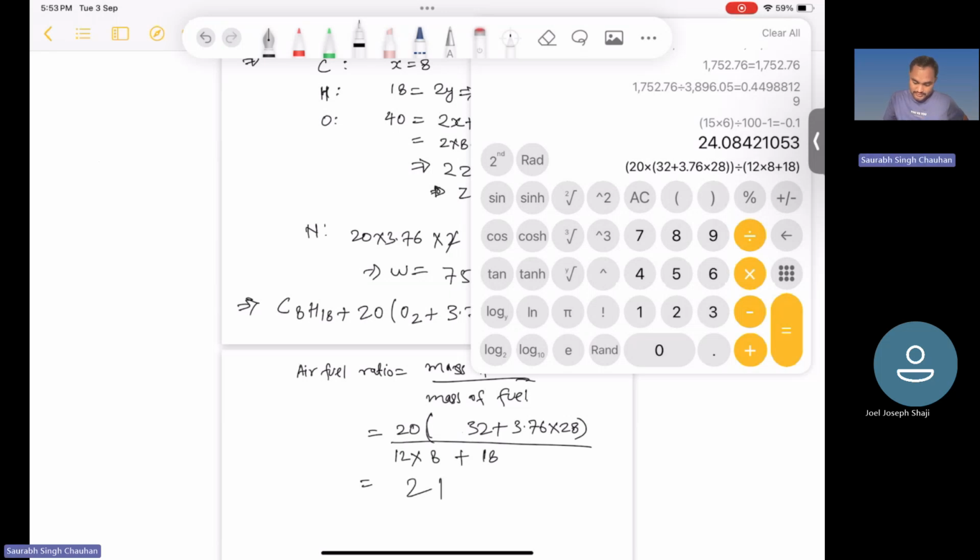So it is coming out to be 24.08. Yes, this is what I am getting.